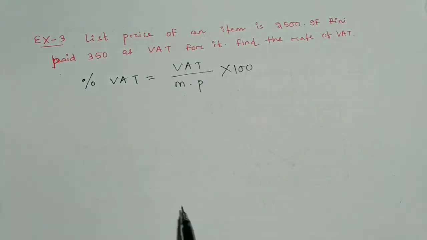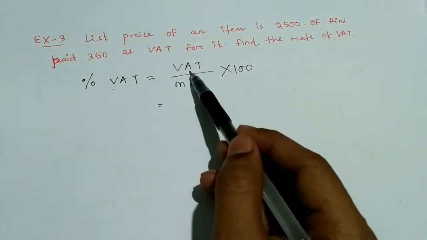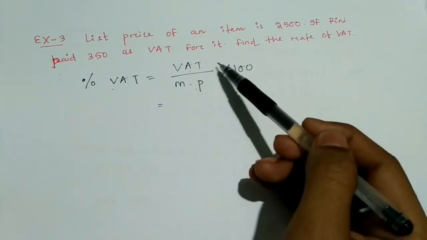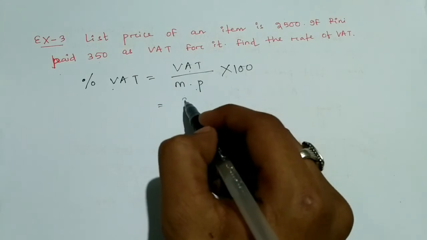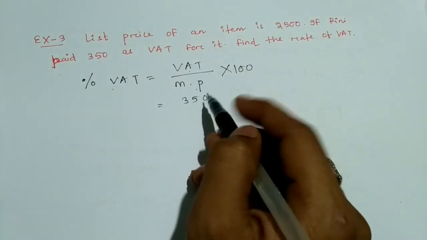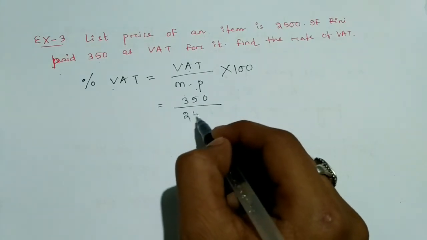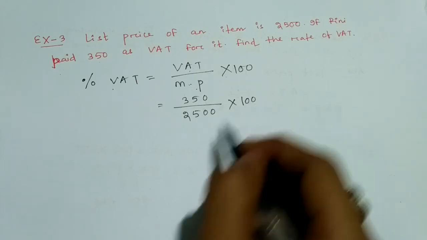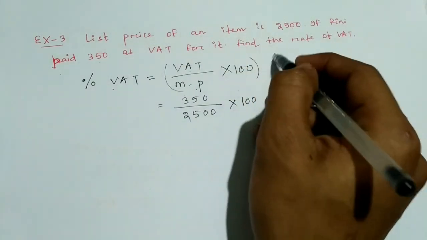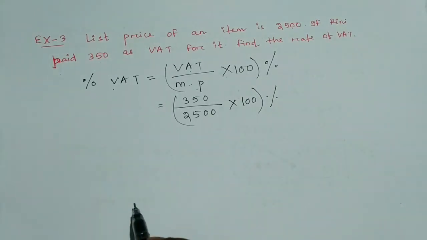Just put the values, get the answer. So percentage VAT equal to VAT divided by mark price multiplied with 100. So VAT is what? 350 rupees VAT, divided by mark price 2500, multiplied with 100, and this will be in percentage format.